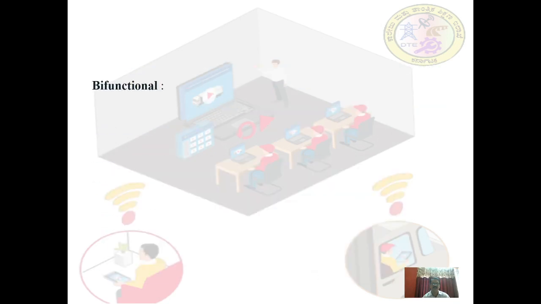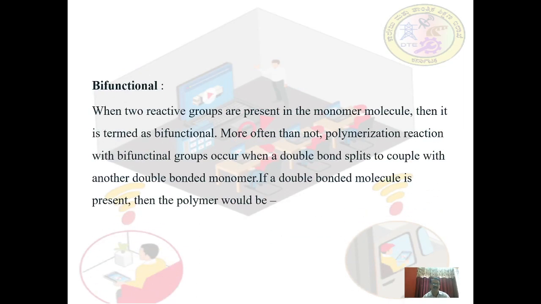Then bifunctional monomers. Here, when two reactive groups are present in the monomer molecule, then it is termed as bifunctional. More often than not, polymerization reaction with bifunctional group occurs when a double bond splits to couple with another double bonded monomer.